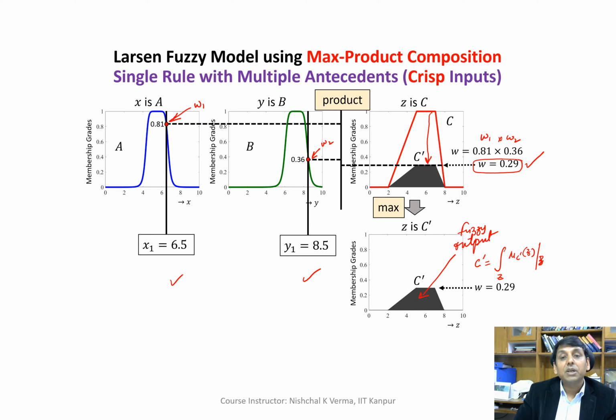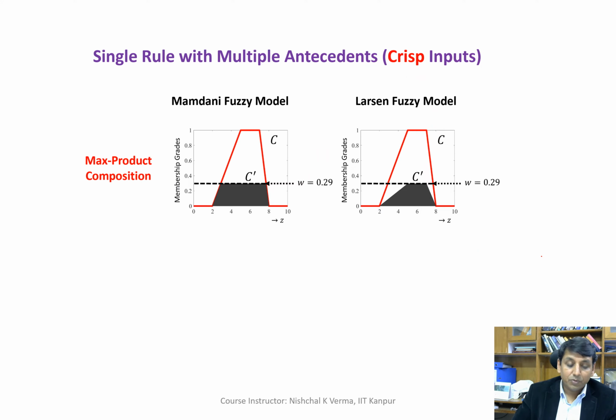Now let us compare this output with the output of the Mamdani fuzzy model. We can clearly see that when we have used the max product composition, how we get the output in case of the Mamdani fuzzy model and in case of the Larsen fuzzy model for the same crisp inputs.